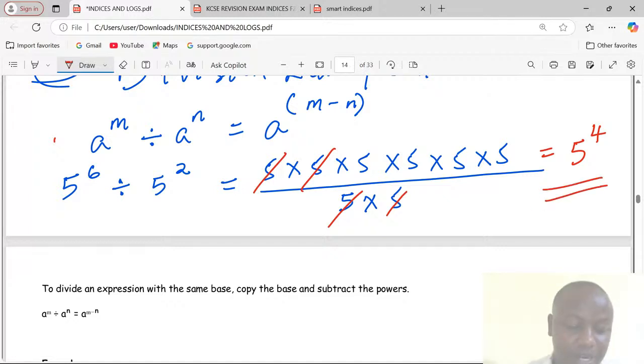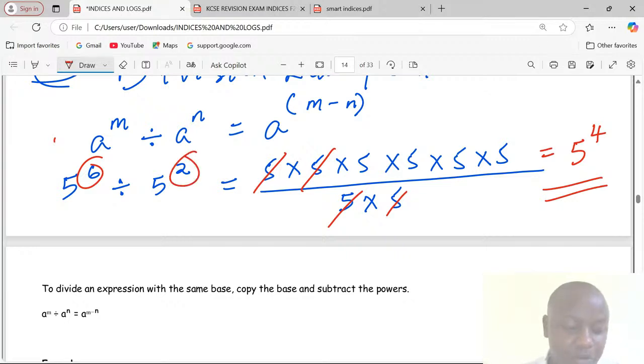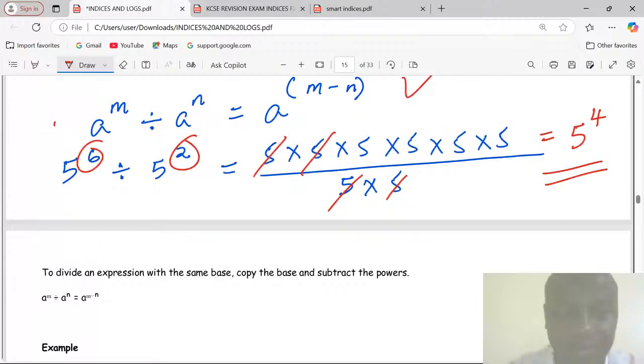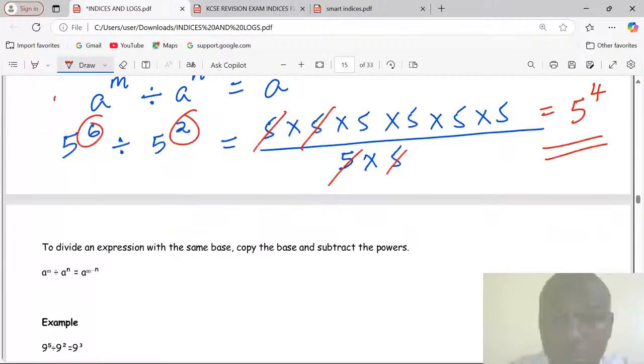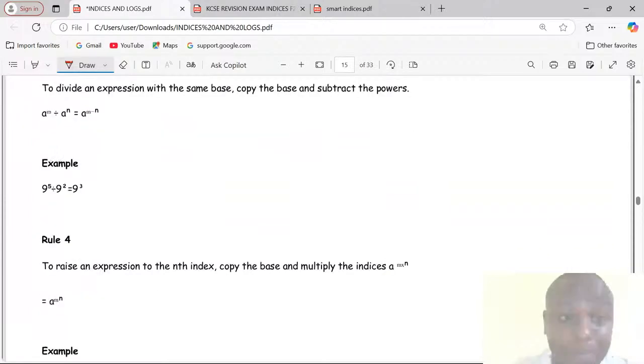An indication that when the power was 6 and we are dividing with the same base and the power is 2, then we would have simply taken the base, which is 5, and we just subtract the indices, the way I have concluded at this particular point. So that is how we handle division of indices when the bases are the same.